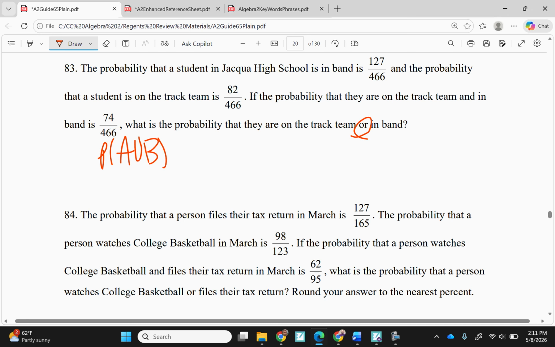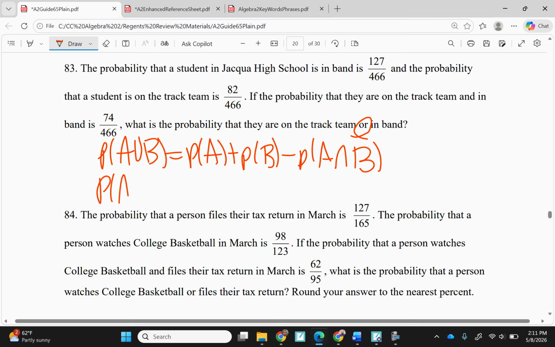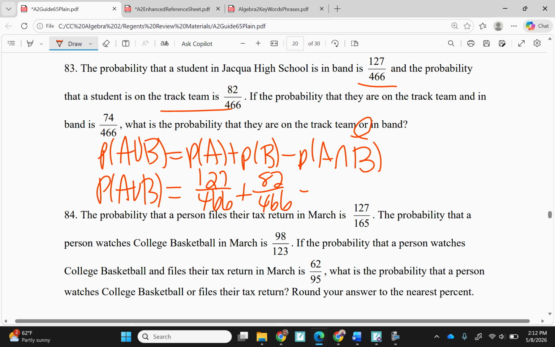P of A or B equals P of A plus P of B minus P of A and B. So P of A or B equals the probability of A, the first event, 127 over 466. P of B is the second event. Let's let that be the track team. That's 82 over 466. Minus P of A and B, track and band, is 74 over 466.